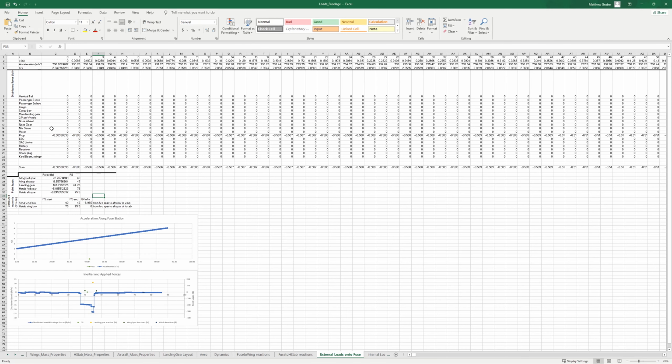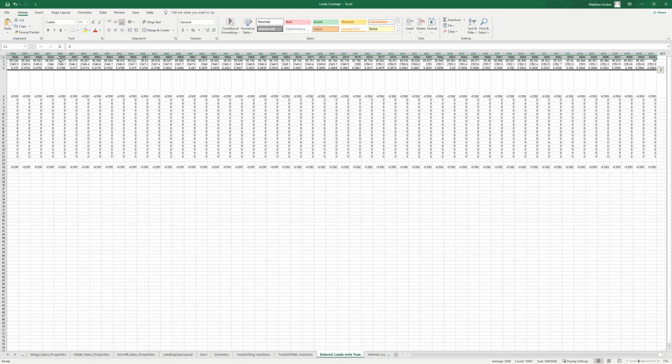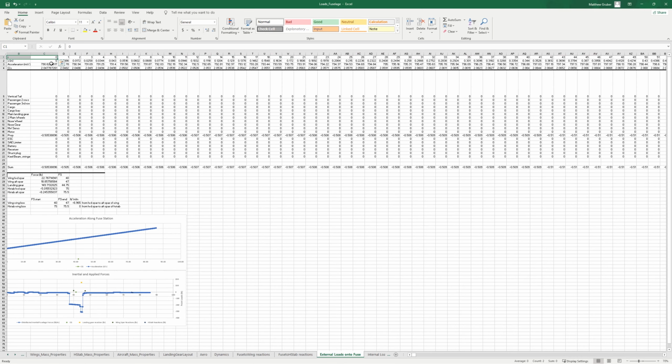So here we have, we've broken up the fuselage into 10,000 segments, and each of those is 86 over 10 thousandths of an inch, so that at the end we have 86 inches long.